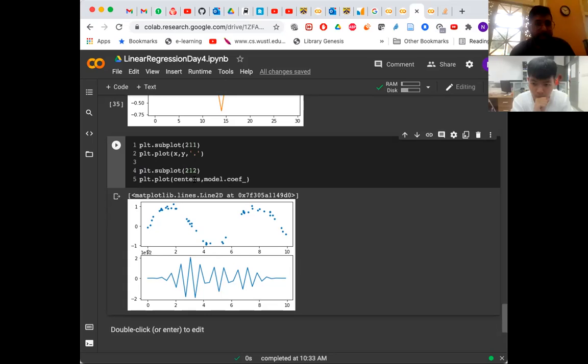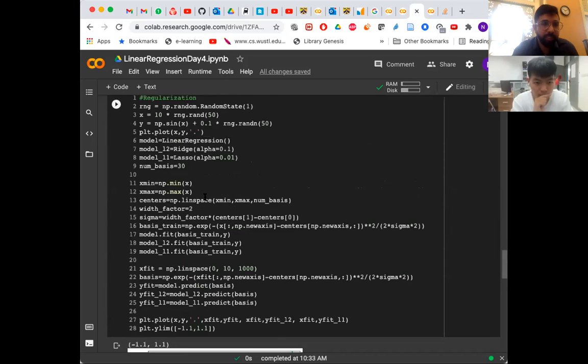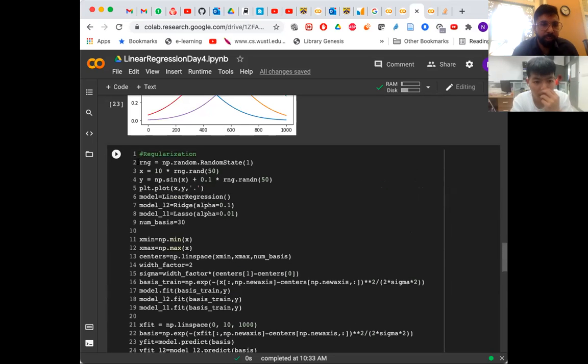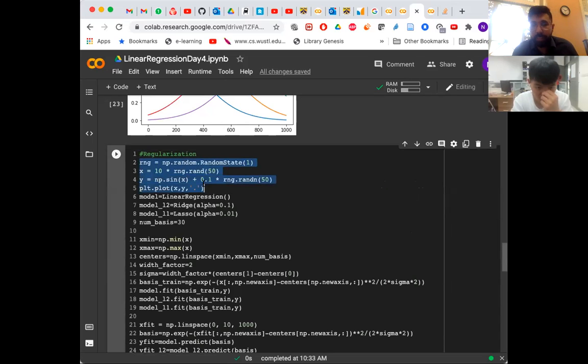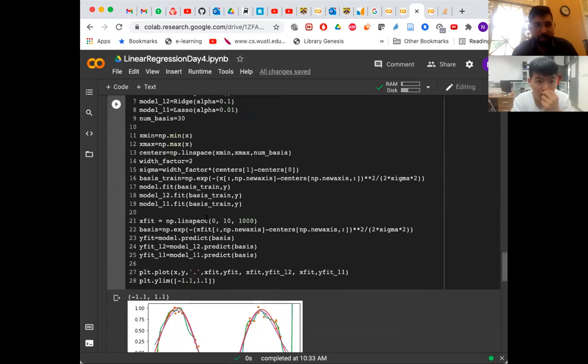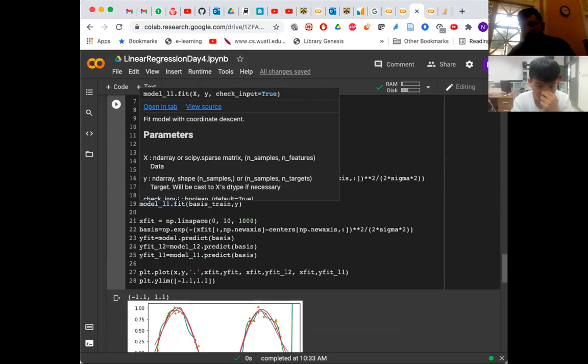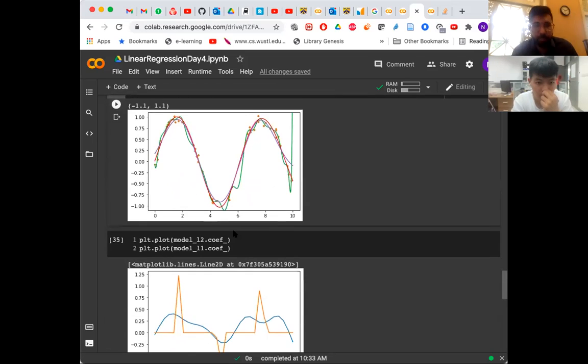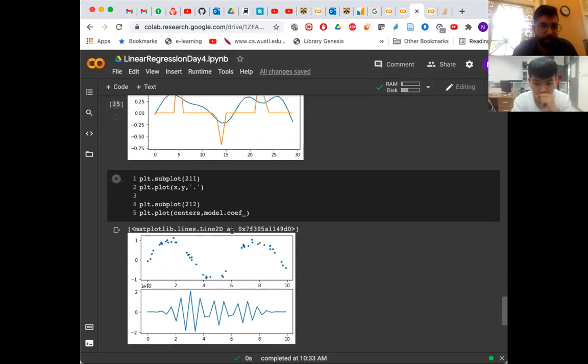Well, because the training data is generated randomly, so there is no guarantee that X is increasing. Whereas the test data is generated by linspace, so X is always increasing. So it's fine if it's connected by a line. But if it's random and connected by a line, you would see this zigzag pattern. So that's why I plotted with dots.